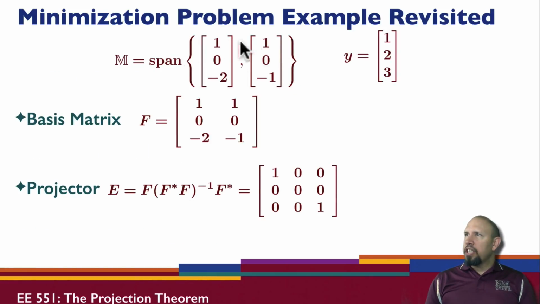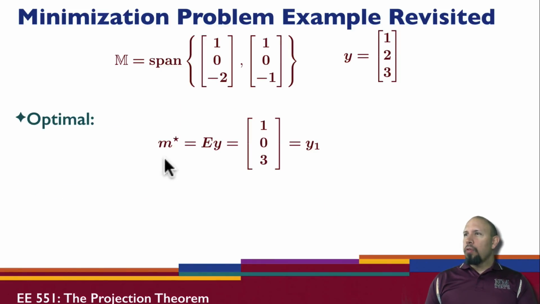So again, M is this span. We take the columns and form them into a matrix, and we plug that into the formula, and we get this projector, which kind of makes sense. We have a 1 here, a 1 here, and then a 0 in the middle, just like you might expect. Well, you might or might not expect.